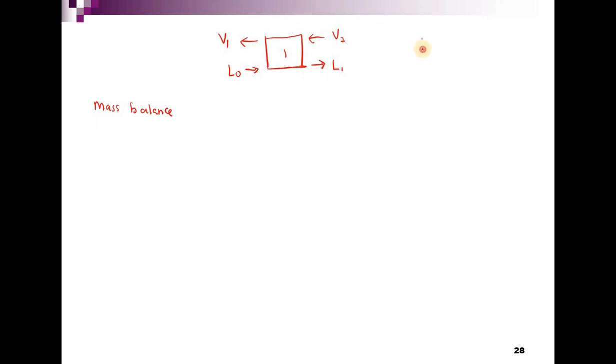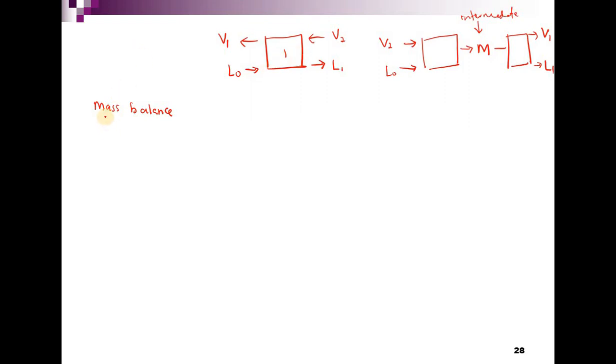Another thing you should know is that when we mix L node, the feed, with the solvent V2, it forms M. Eventually M forms V1 and L1. So M is the intermediate mixture that I just mentioned.